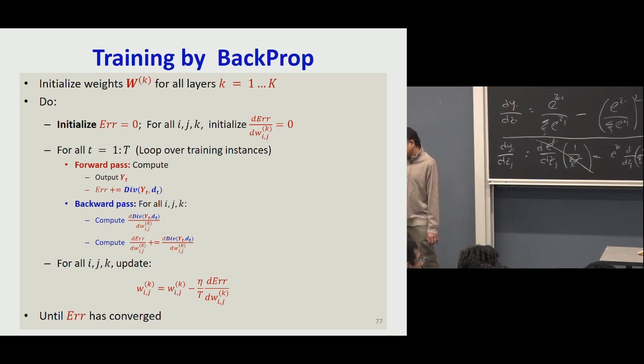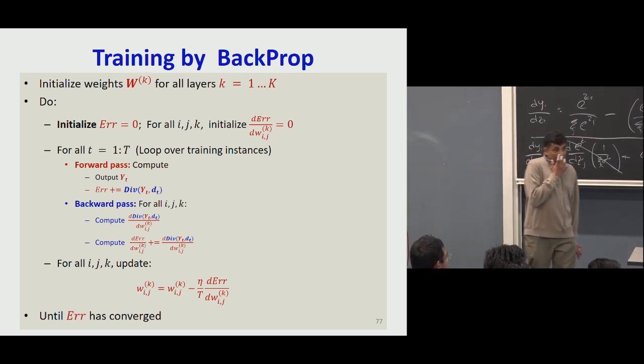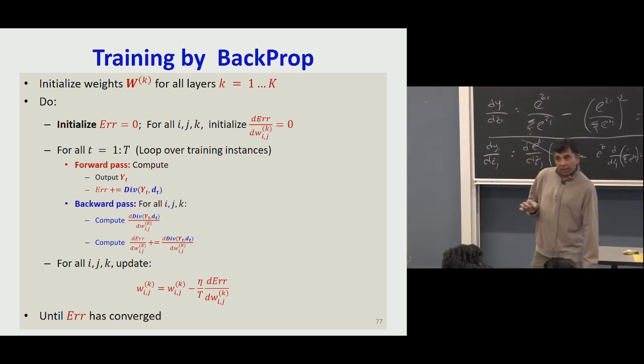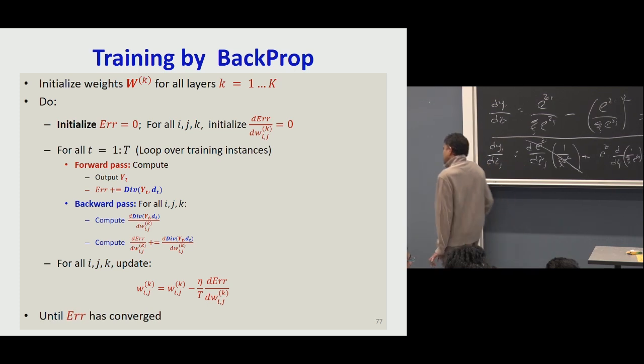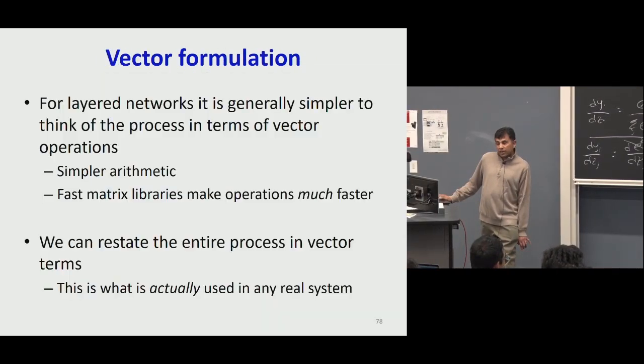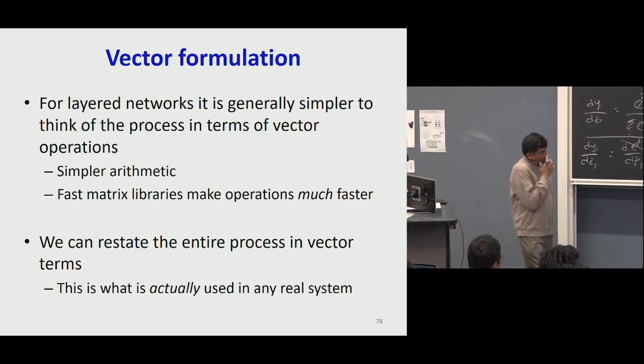So that is the entire pseudocode. Now when we write this in scalar form, it looks really ugly. I'm working through each piece of arithmetic, I'm writing loops. I mean, it's not that ugly, but it's uglier than it needs to be. It's much more convenient to think of it in vector terms, particularly when the network is layered.